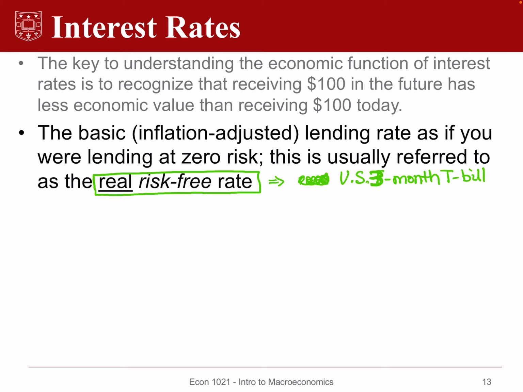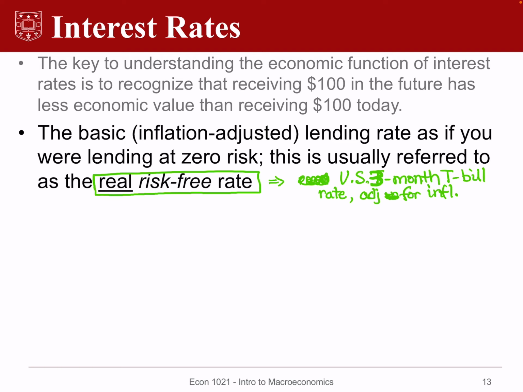T stands for Treasury, so a 3 month Treasury bill interest rate adjusted for inflation. So if somebody said, what's the risk-free interest rate? In nominal terms, you'd look at T-bills and you'd look at the 3 month one. And then for real terms, you would adjust for inflation in the manner that we're going to be describing.